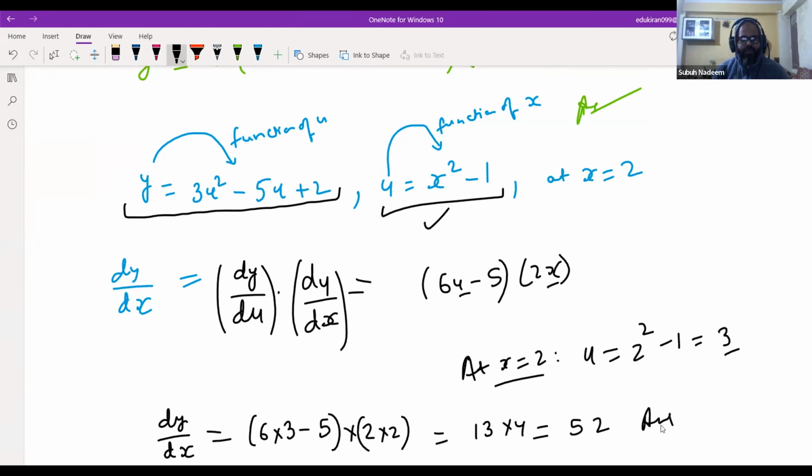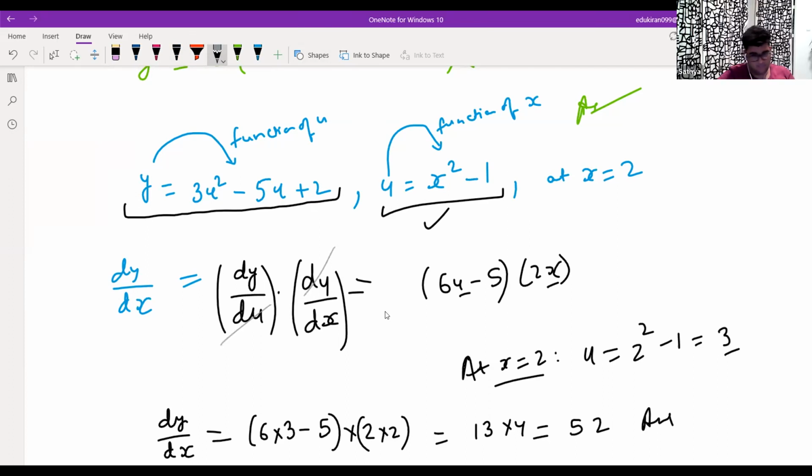That will be your answer. You can think of this like this, that dy by dx is dy by du into du by dx, because this du and du may get cancelled and you will finally get dy by dx. You can think like that also.